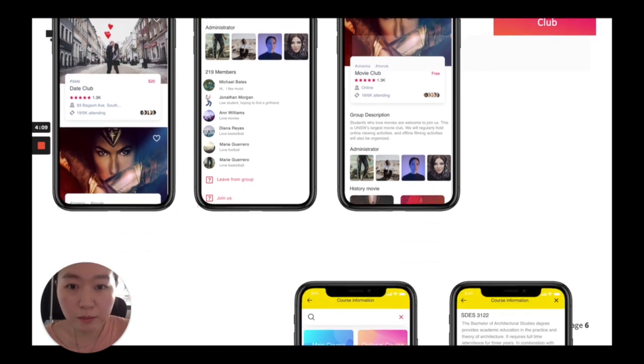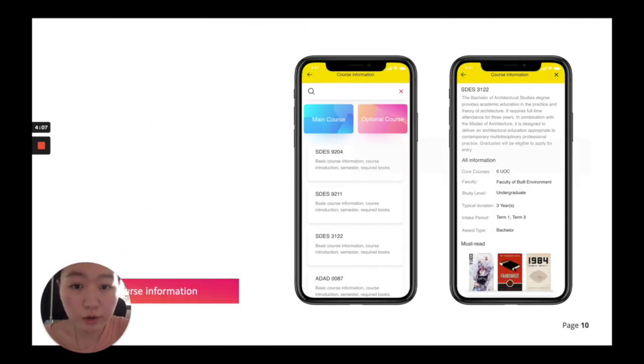And the next page is a course information inquiry page. Whether it is for newcomers or students who have already started classes, course information is significant. A detailed understanding of course information can help users adjust their schedules and make rational use of resources.